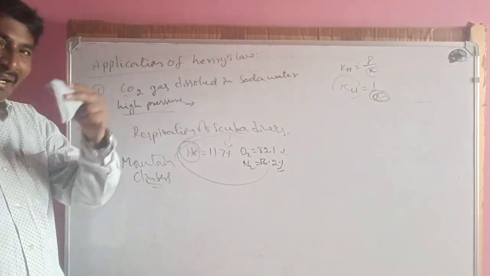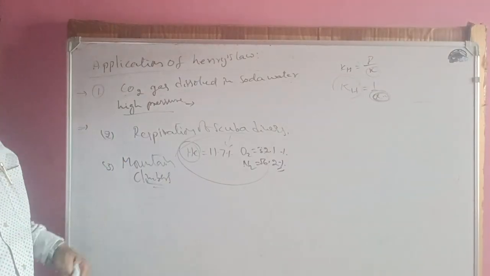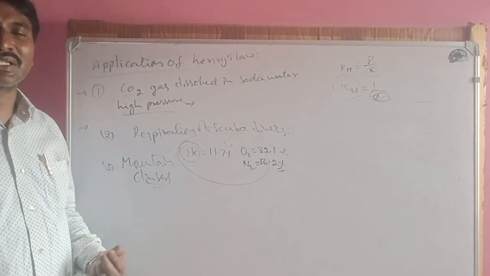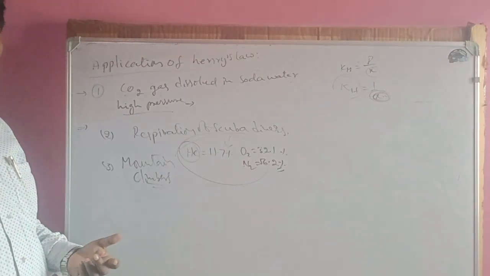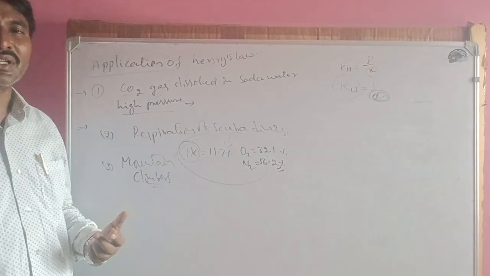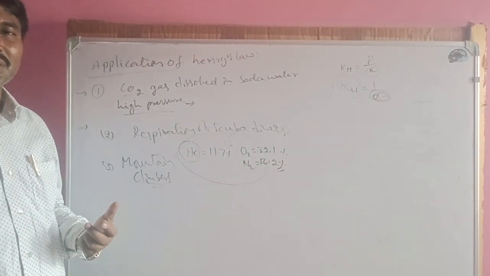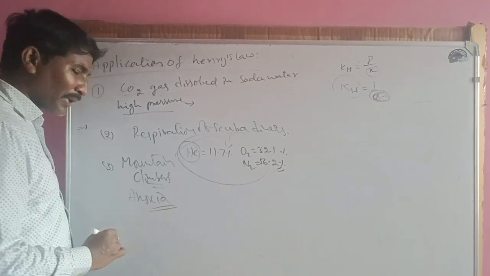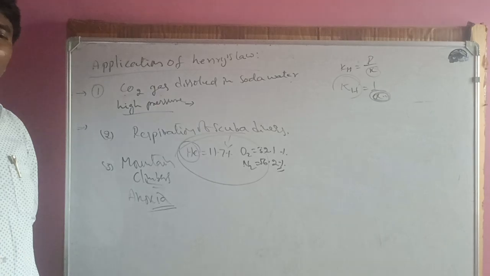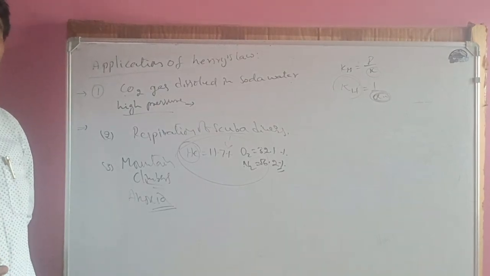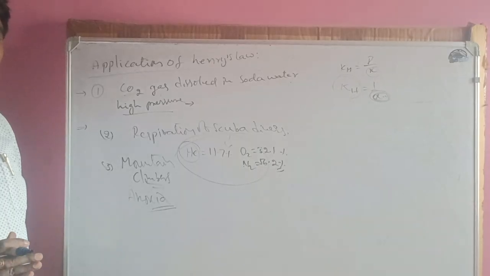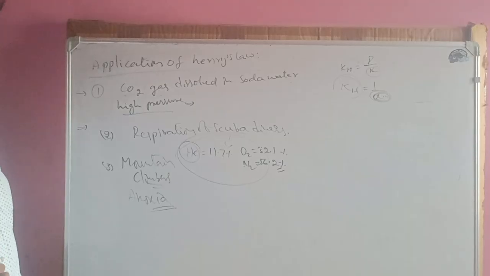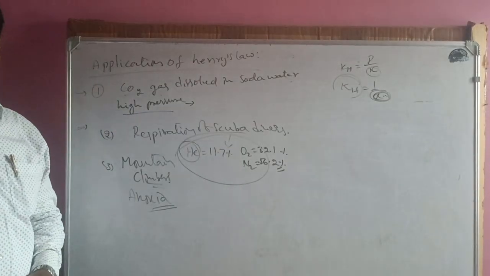When we go to high places, the pressure decreases, so the oxygen dissolving in our blood cells decreases. This causes a disease called anoxia. Anoxia means people who live at high altitudes or mountain climbers are unable to think properly. These are the applications of Henry's law.